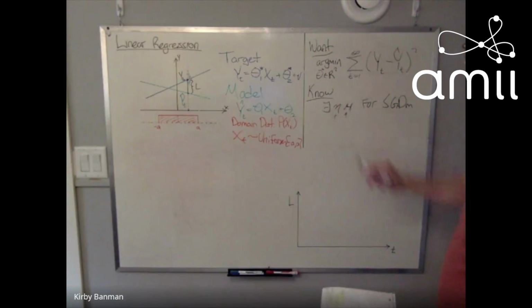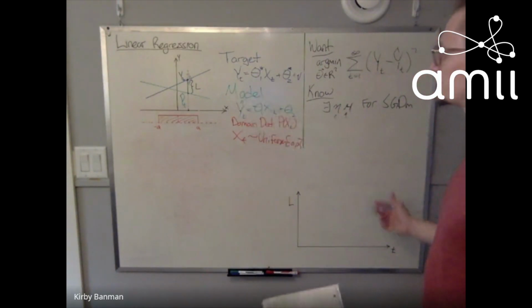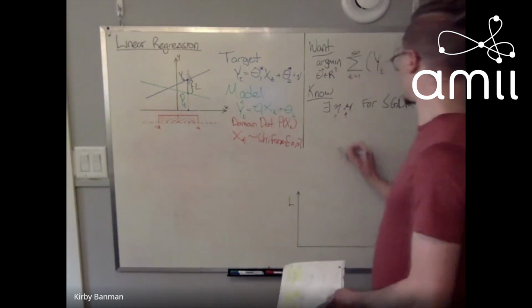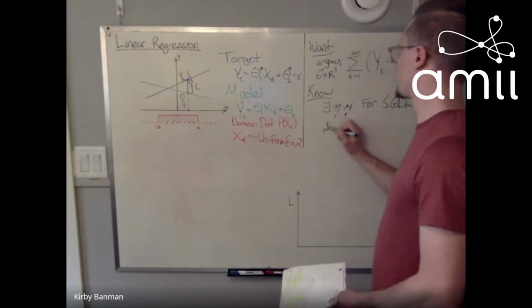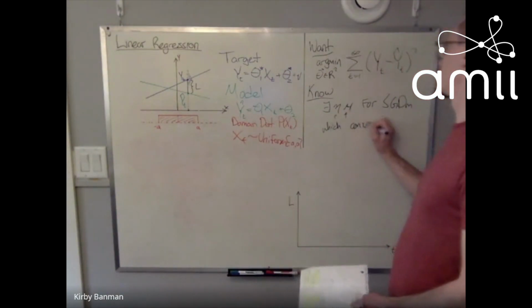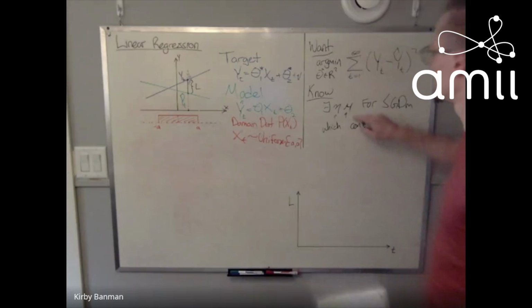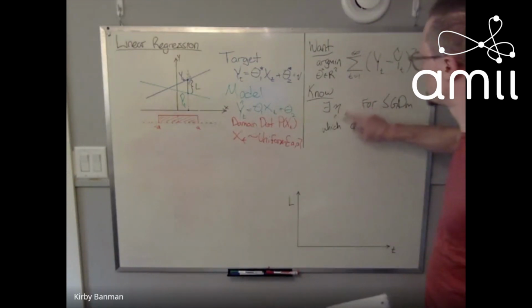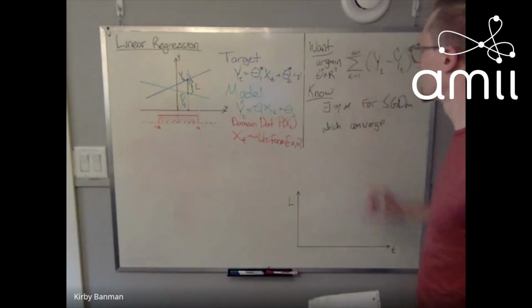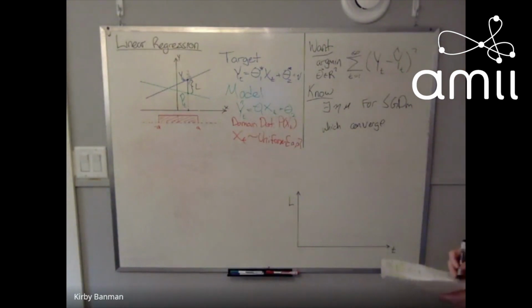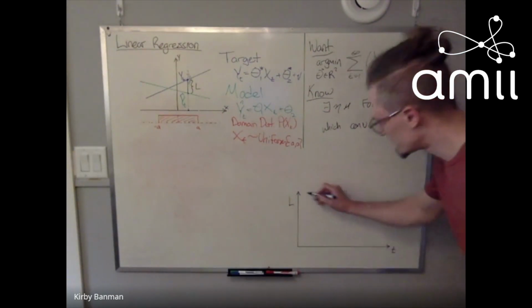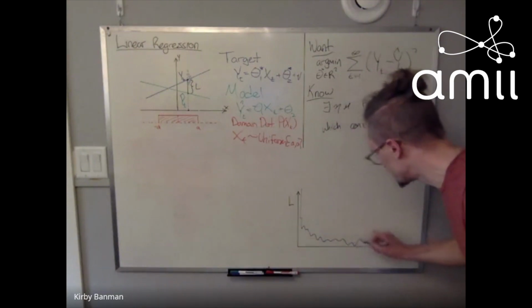There exist eta and mu such that this will converge. To be clear, what we mean by converge is loss goes down.